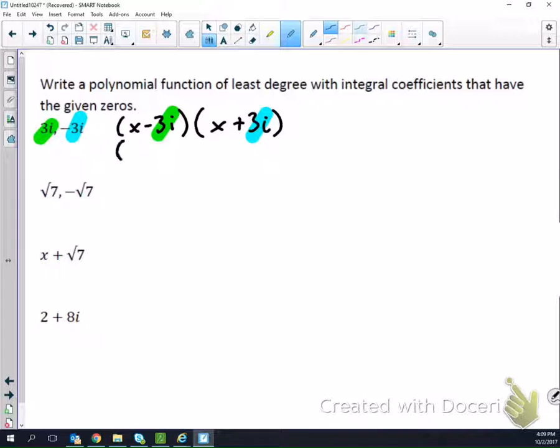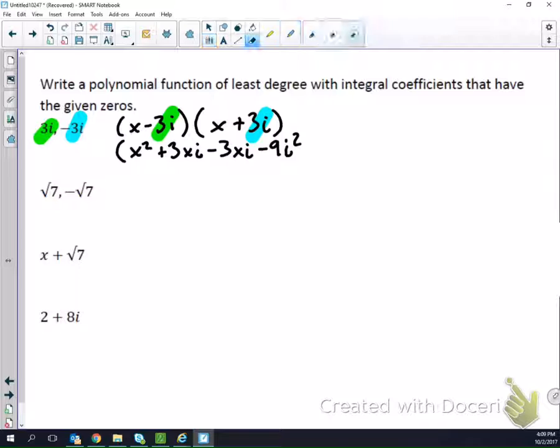So as I start to multiply through, I get x squared plus 3xi minus 3xi, and then minus 9i squared. Okay, well this isn't too bad. I can simplify that.